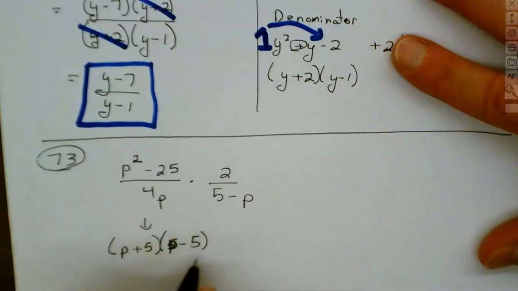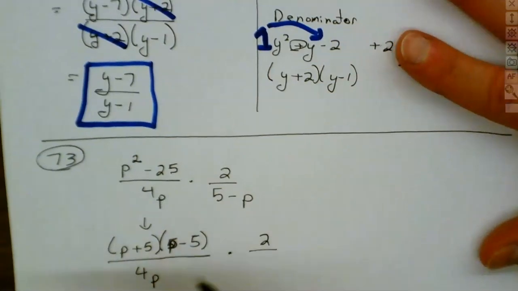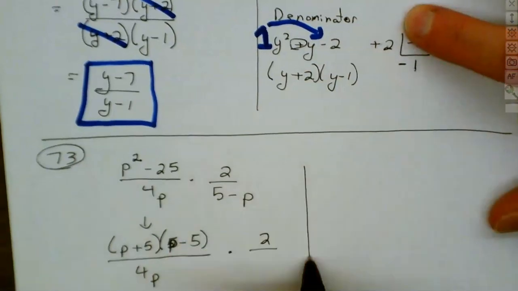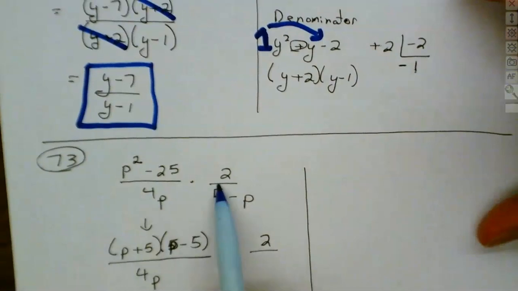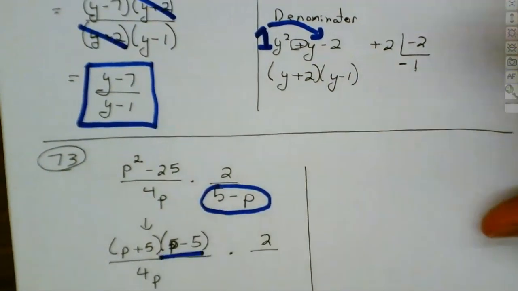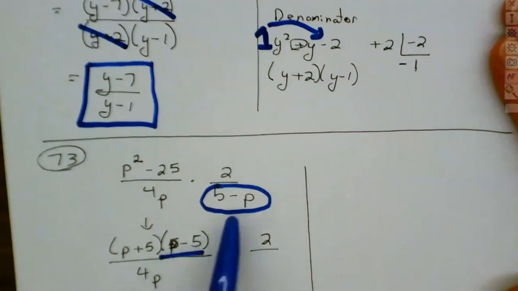So p plus 5, p minus 5, and then we've got a 4p. And then we're going to be multiplying that by a 2. Now, let's look at this here. And let's compare it to that. I have a 5 minus p, and it is fairly close to a p minus 5. Let's see if we can turn this into that by factoring.